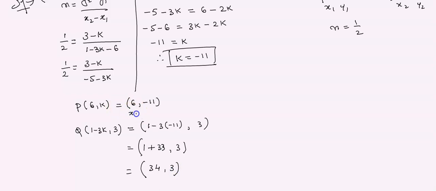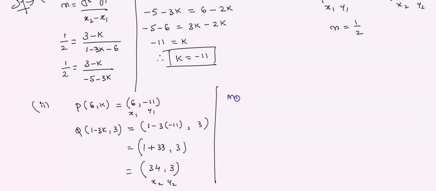Now this is our x1, this is y1 and this is x2 and this is y2. You have to substitute wherever k was there. Now we are going to solve option number 2, that is the midpoint.